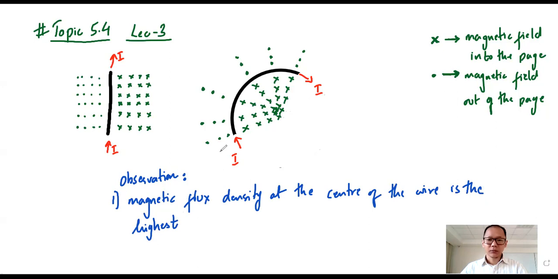Whereas in the outer side, the magnetic field decreases in the outer region here.